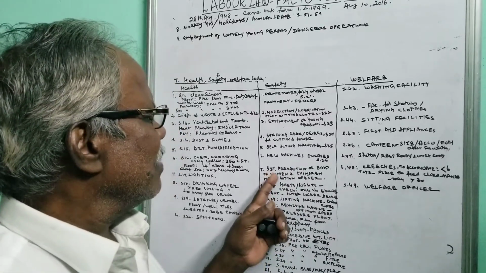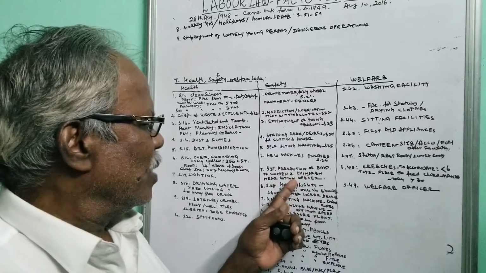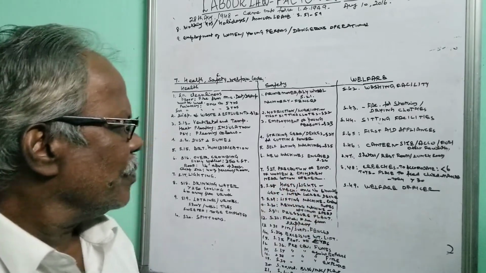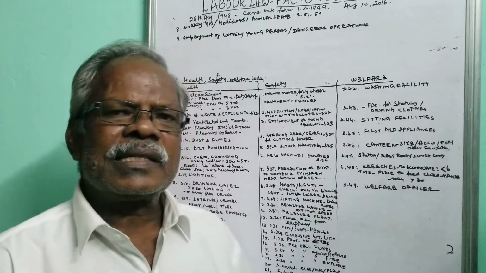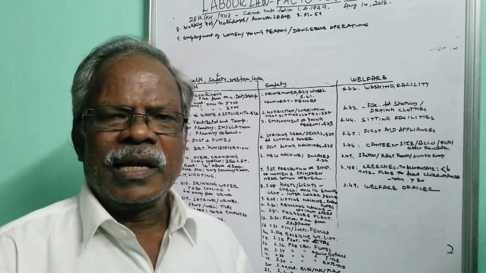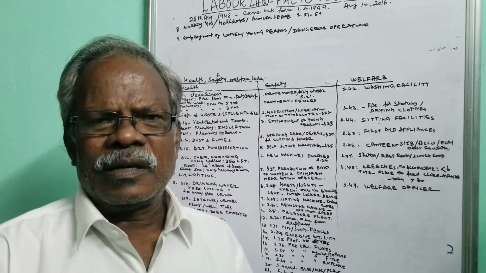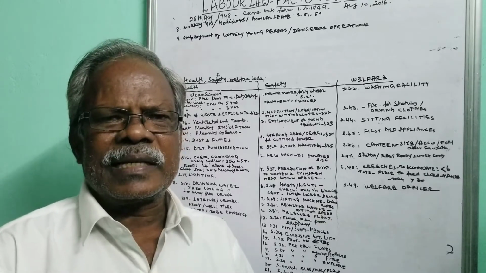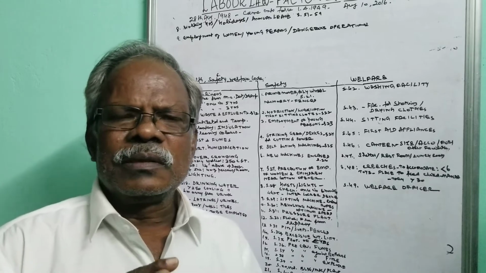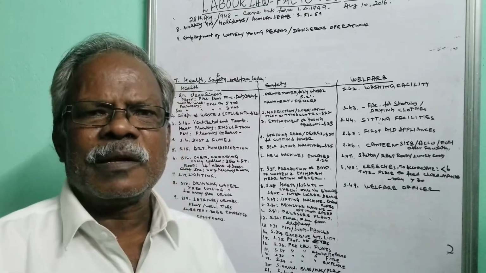And section 27, precaution for employment of women and children near the cotton opener. So women and children should not be employed near the cotton opener. Cotton opener means the machine to bale the cotton and to push up the cotton bales.